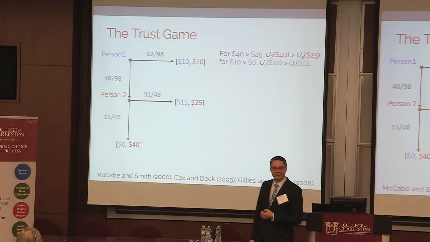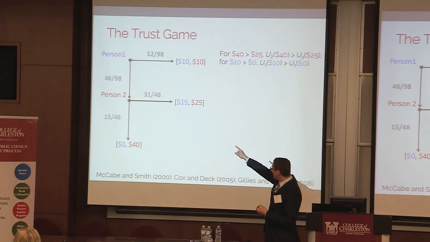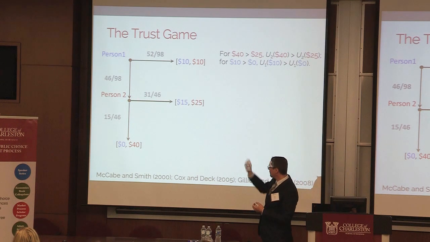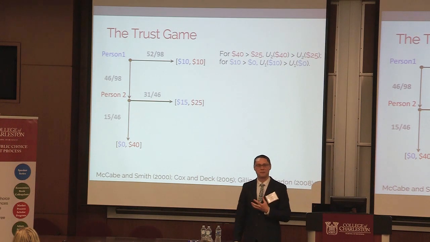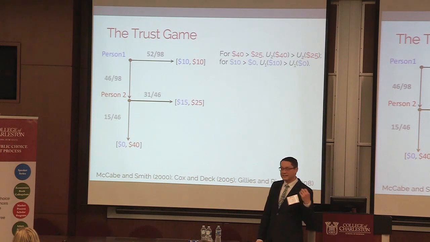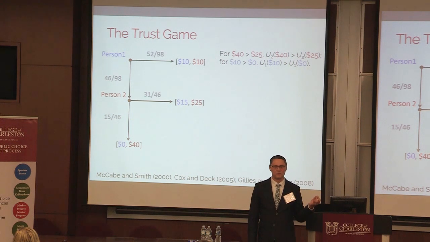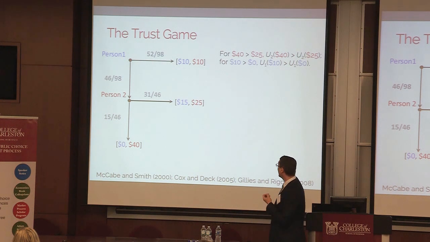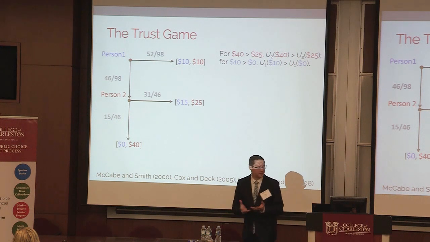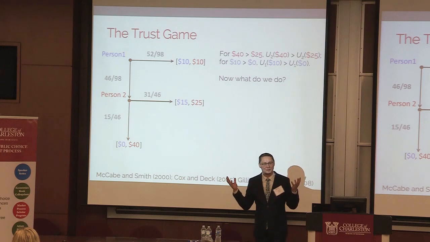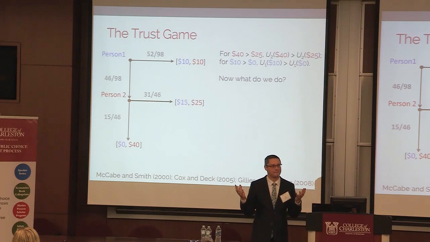And 1/3 are playing down. If you look at that, you have 98 people and another 46. That's 144 people, and 77 of them are not doing what economics predicts from that basic course you took in economics. How do we make sense of this? What do we do now? We're failing half the time.